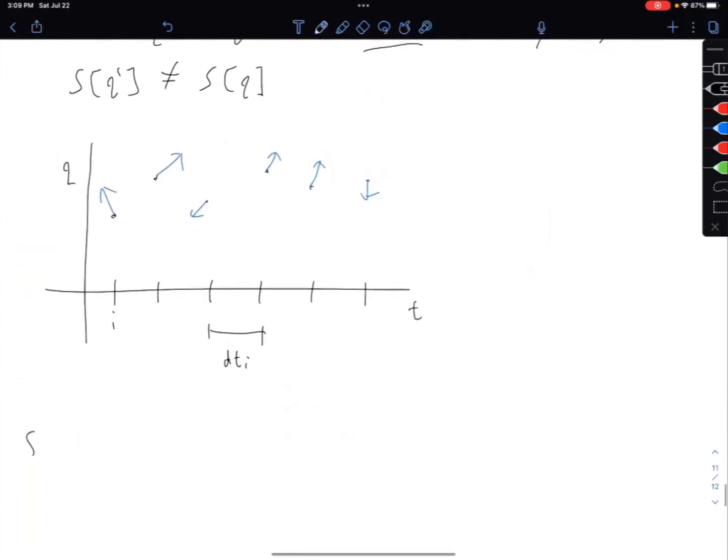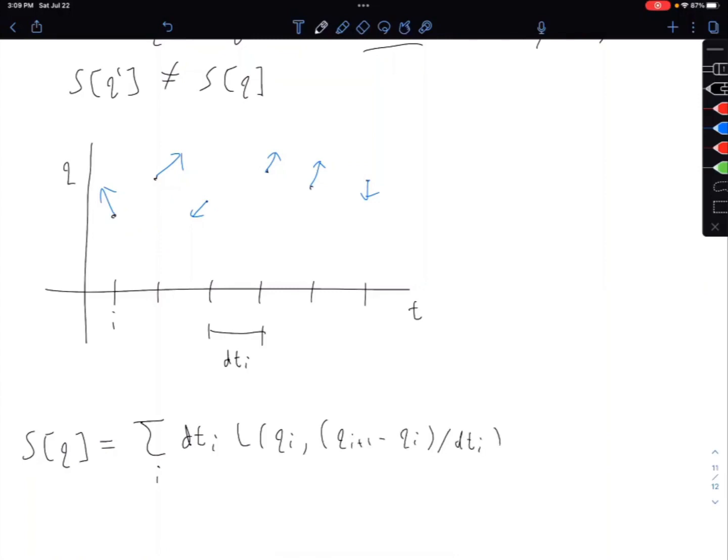Okay, S of q, if I were to break this up, would be the sum of dt_i times L of q_i, and then the velocity will be q_{i+1} minus q_i divided by dt_i.